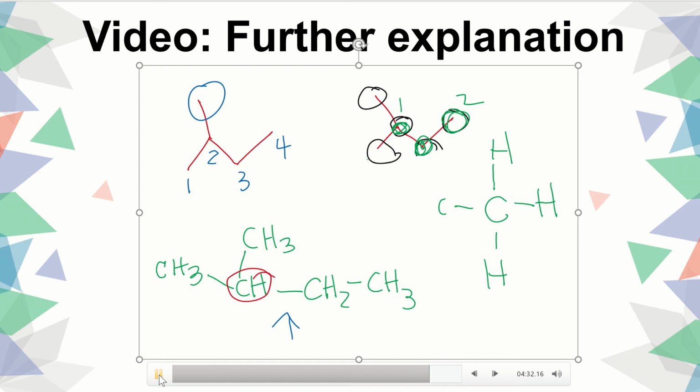Well, if you guessed 2, then you are learning. So that's how we go from a condensed or an expanded structure to a line and vice versa. In summary, at every junction there is a carbon, and we have to account for 4 bonds with a neutral carbon atom at all times.